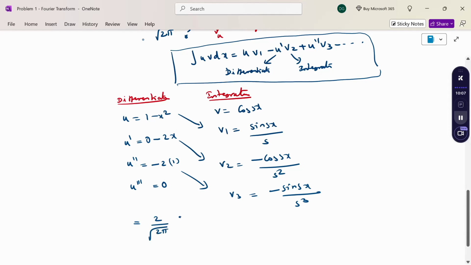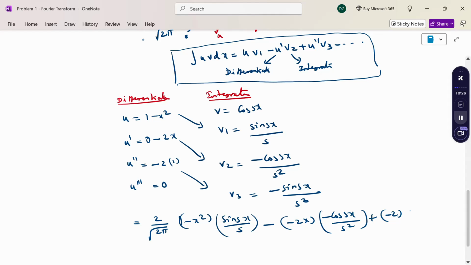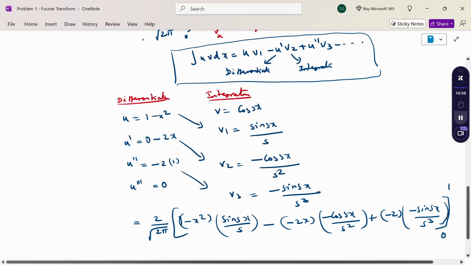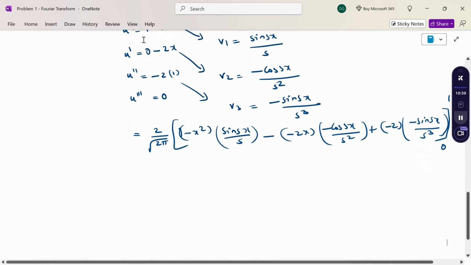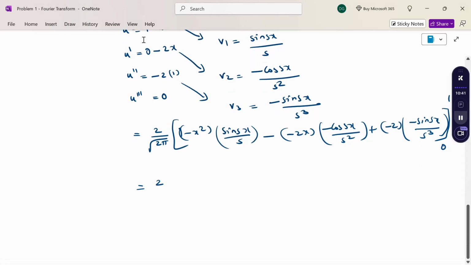Then when I apply this formulation, 1 minus x square times sin sx by s, minus 2x times minus cos sx by s square, then plus minus 2 times minus sin sx by s cube. Now the limits are 0 to 1. When I substitute the upper limit, where to replace the value? Where x is, right? So now substitute upper limit.